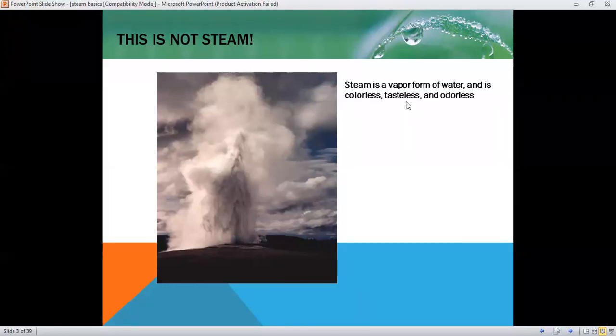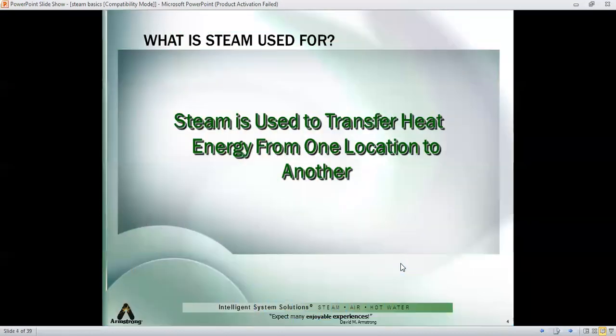Okay, so mainly steam is the vapor form of water, and it is colorless, tasteless, and odorless. Steam is used to transfer heat energy from one location to another.